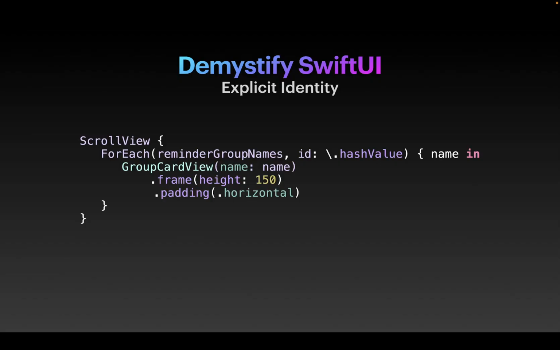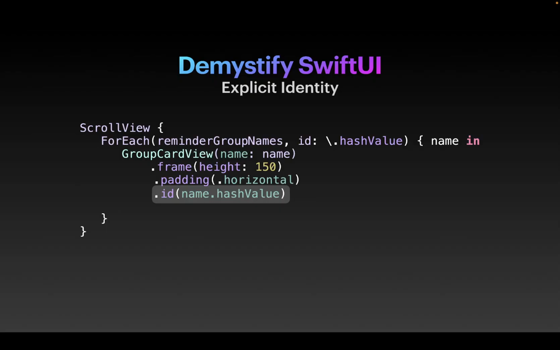You remember you have to specify some id, or you can conform that view to the Identifiable protocol. By doing that, you tell SwiftUI the ID for each view. It's identical to doing something like this.